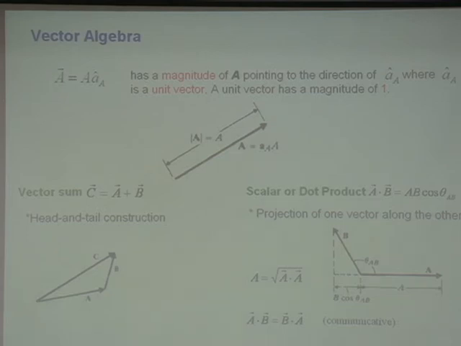And for the multiplication of vectors, there are two kinds of multiplications. The first one is called scalar product.